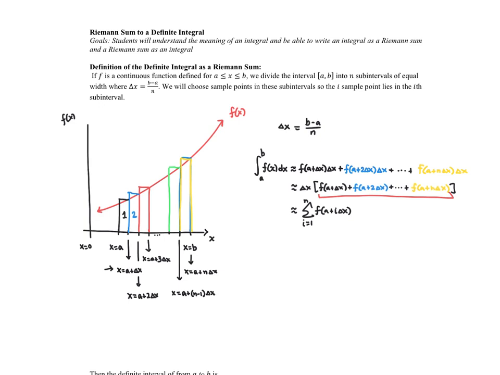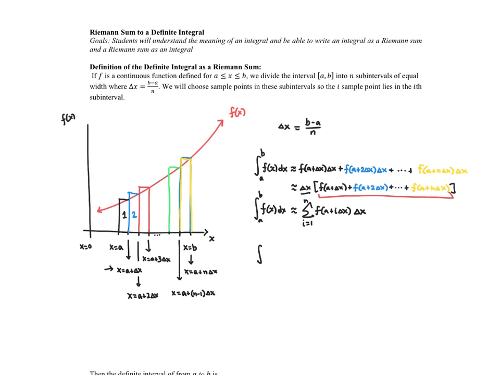All right, then I'm going to multiply by, of course, delta x, this value right here. Okay, so this summation is an approximation of the integral from a to b of f of x dx. Now, how is it that we could make this more and more accurate to the point where we could actually say that they are equal?